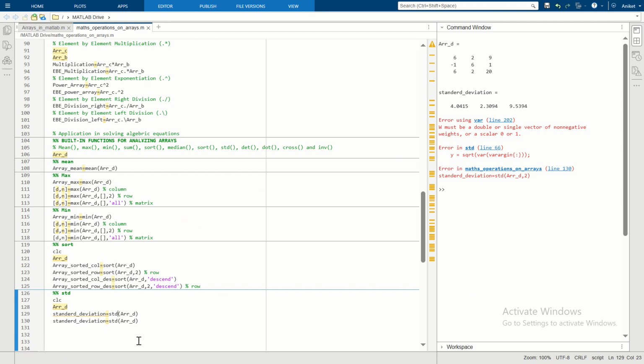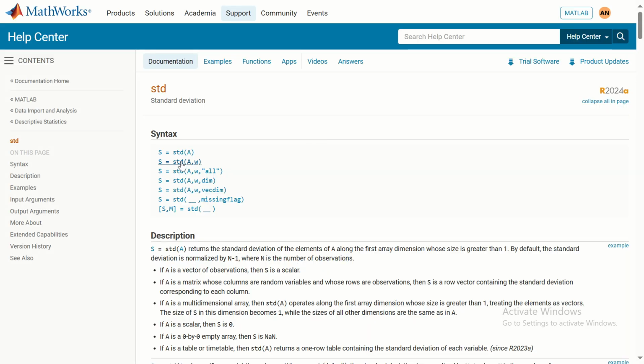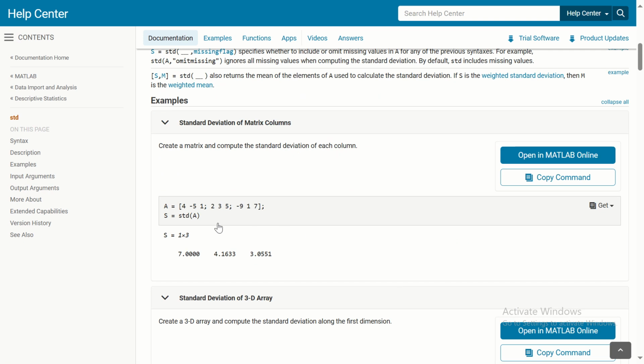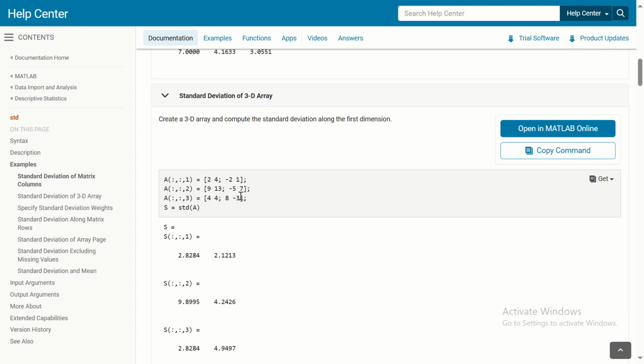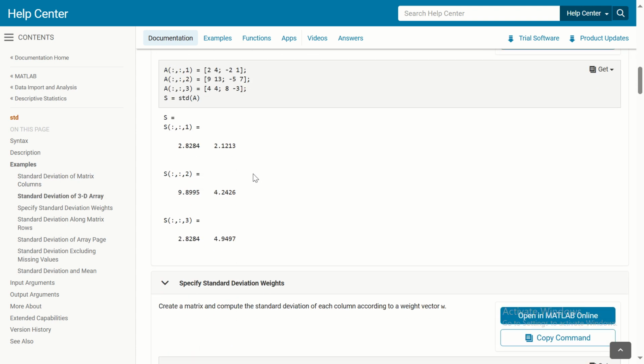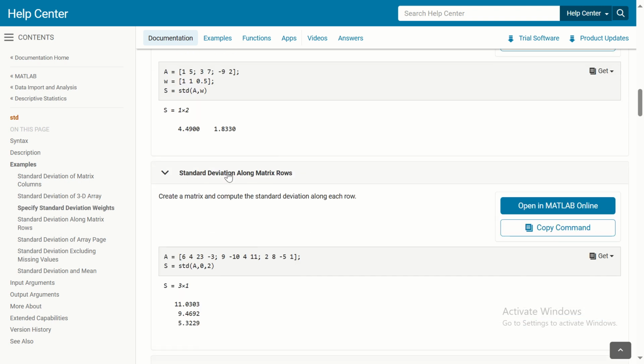We want standard deviation. So standard deviation of matrix columns, standard deviation of 3D array. No, we want weights. We don't want it along with the matrix. So this is the formula. This is the syntax A, 0, 2.